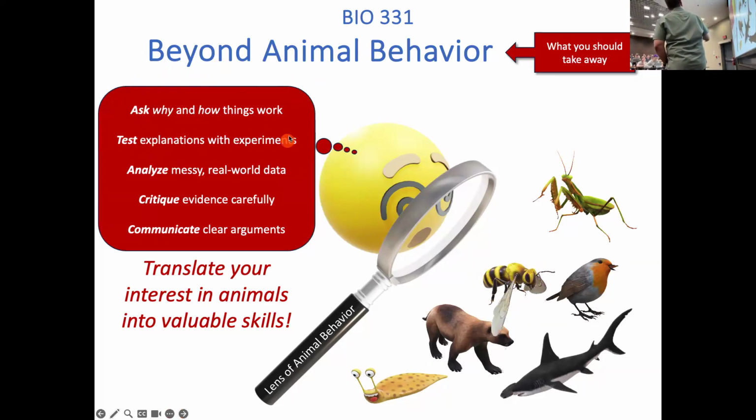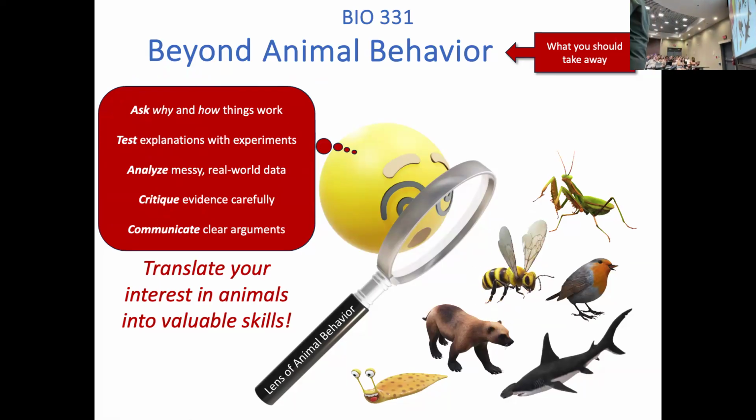How do you then take the data from those tests and analyze them? And then how do you critique that evidence and then communicate a compelling argument to others? That's fundamentally what animal behavior in the larger field of behavioral ecology, which this course introduces you to, is all about. So I think this translates; it's not just about animals.